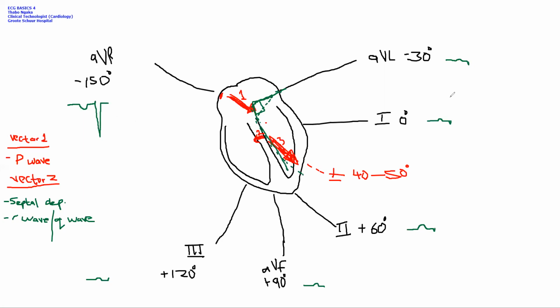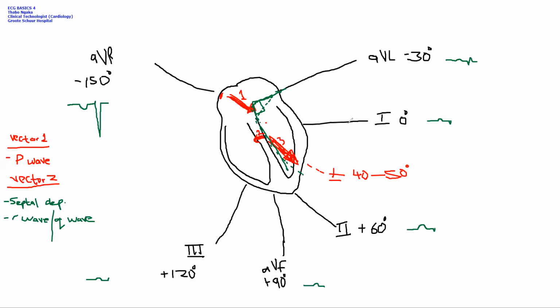And if you think back to our rules, when a wave of depolarization moves perpendicular or at right angles to an electrode, you get an isoelectric line or an equiphasic deflection, which is what we're going to get in AVL. So you see it's equally distributed. So you get an equiphasic QRS complex in AVL.